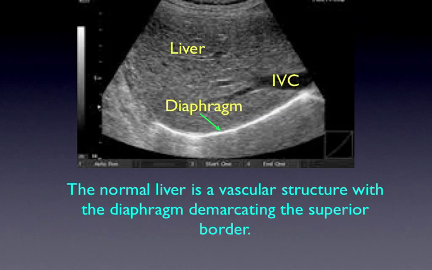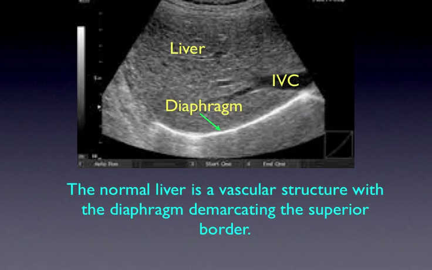So as we go up away from the probe, we're going down on the image. In other words, the top of this screen is skin and subcutaneous fat. We then traverse the liver. On our way up towards the head, we hit the diaphragm. And over here we see the inferior vena cava labeled as such. Now the liver is a very vascular structure, which helps differentiate it from any picture that has a diaphragm and a liver-like structure in it, which could be spleen.